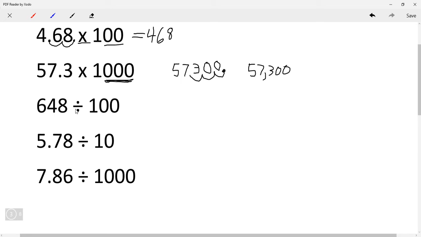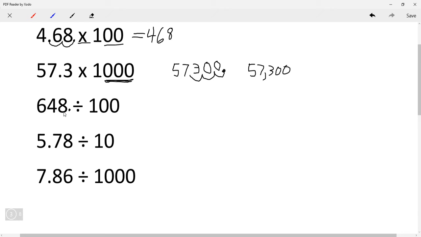Okay? 648 divided by 100. Now this one does not have a decimal. Any whole number that doesn't have a decimal, there's actually an invisible decimal after the ones place. The decimal always comes after the ones place.